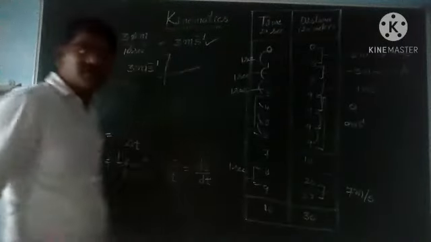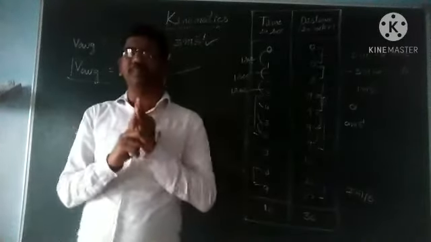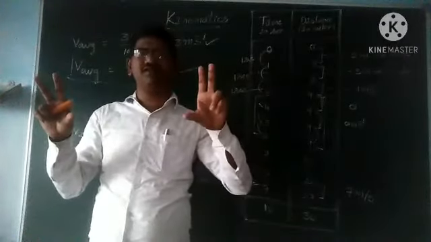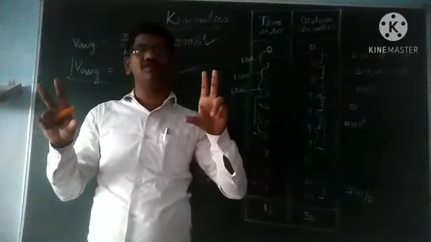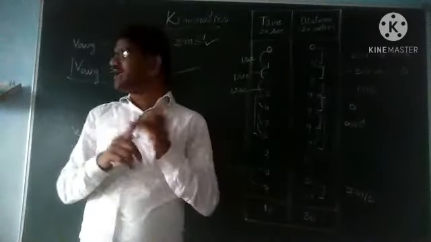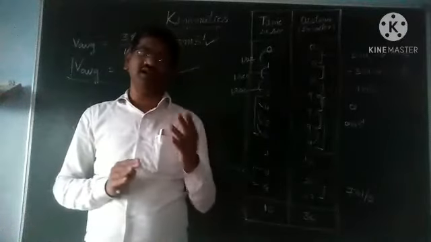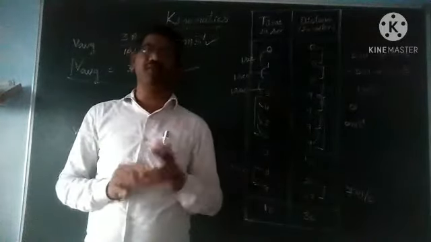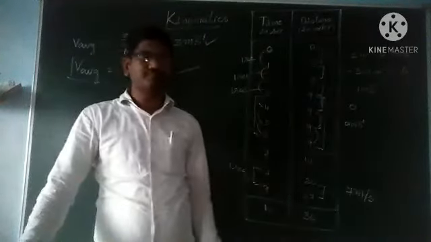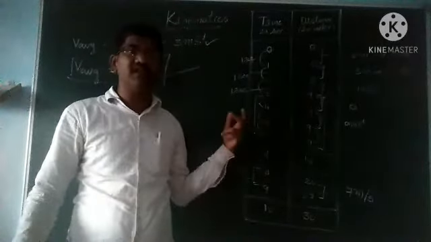See my dear students, today we learned what is speed, and after that uniform speed. Uniform speed means it should cover equal distances in equal intervals of time, however short the intervals of time may be. Uniform speed means speed must be constant. And after that we learned non-uniform speed, or another name is variable speed. So here the object is said to be moving with variable speed. It is maintaining different speeds at different intervals of time, at different instants of time.